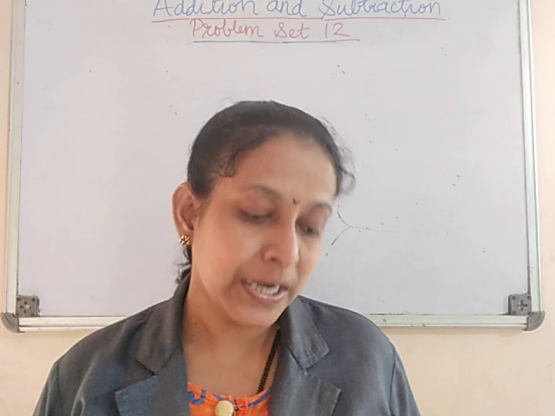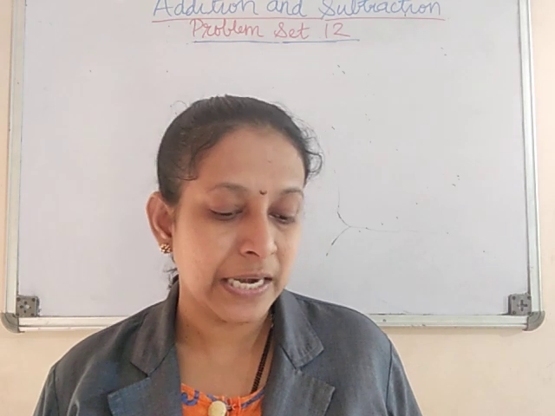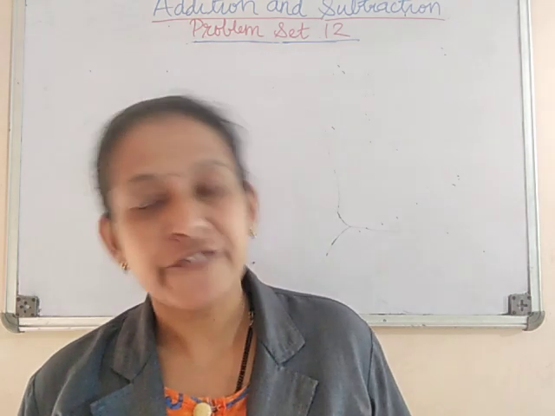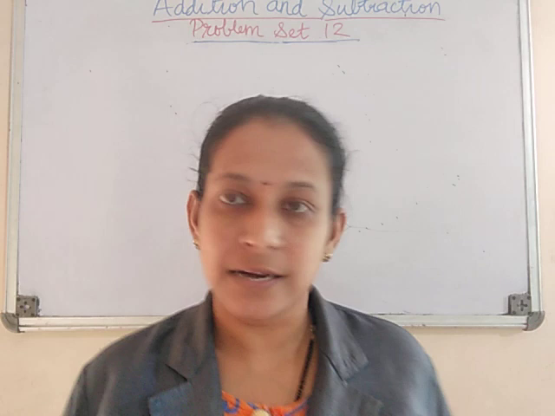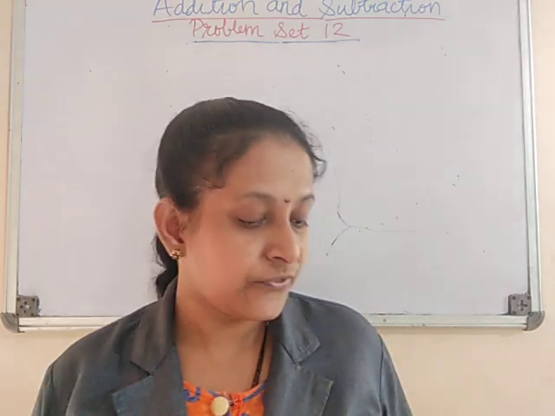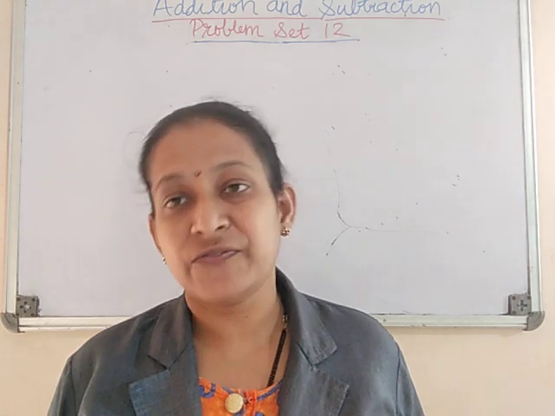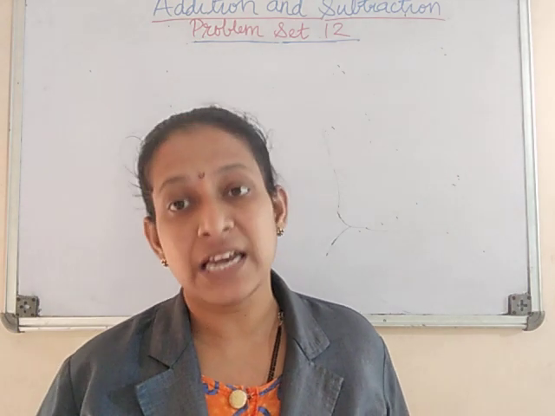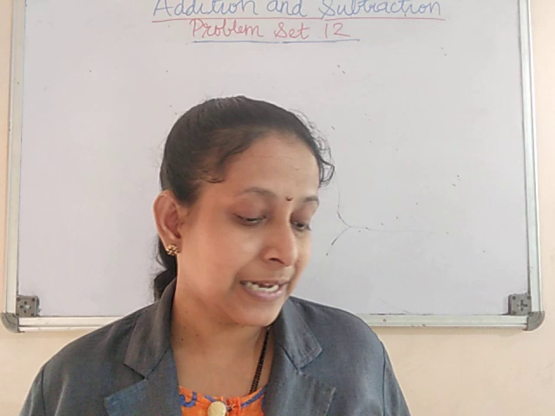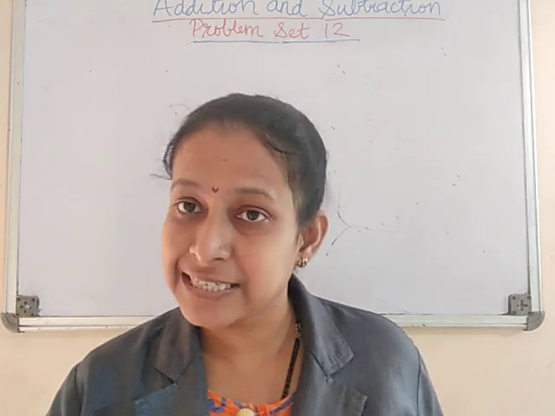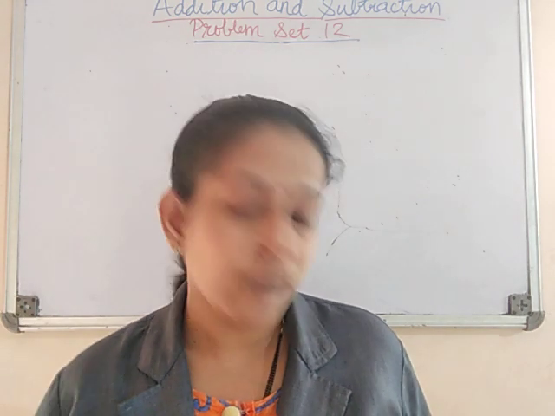By how many does the number of women exceed the number of men? Here the word exceed comes, so it is subtraction. The number of men is less as compared to the number of women. So we need to find the difference by subtracting the number of men from the number of women.